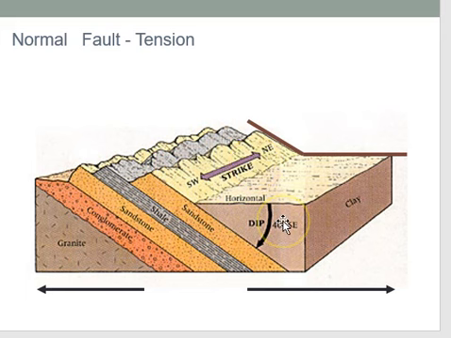This has been pulled down as the sediment and the earth has been stretched. And the angle between the surface and the fault scarp is a very obtuse angle. It's a very big, wide open angle. And that's one of the components that would help you identify whether it's a normal fault or a reverse fault.